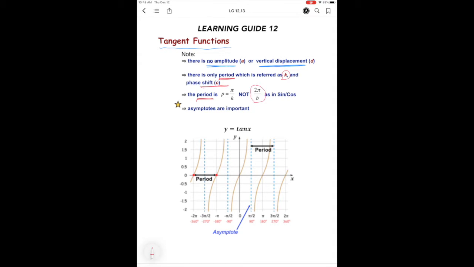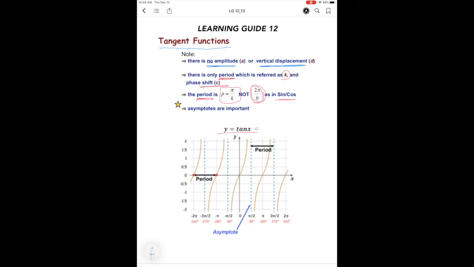And the period is not going to be 2 pi over b like we did with sine and cosine. It's going to be pi over k. Okay, so let's have a look at this picture I have below of a tan function. A couple things you got to understand.